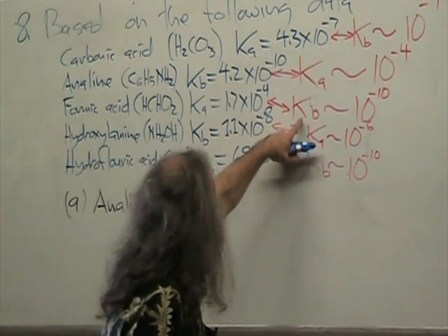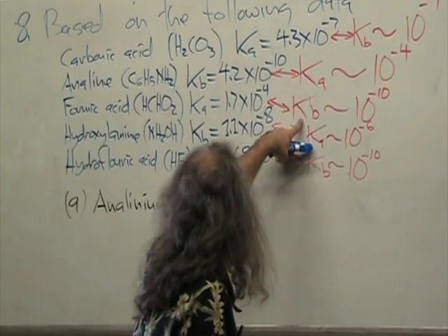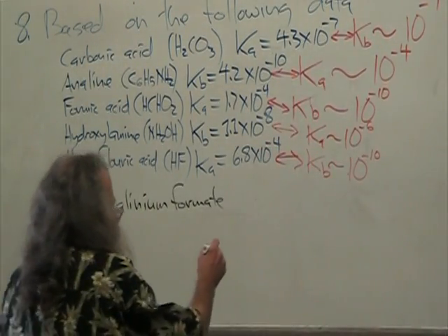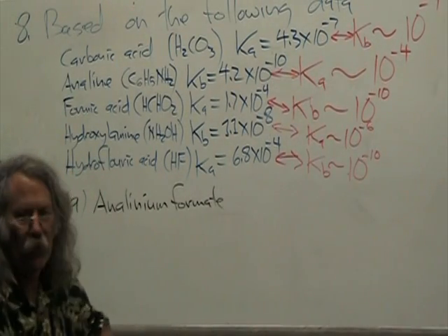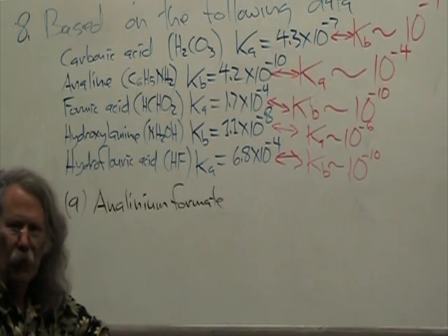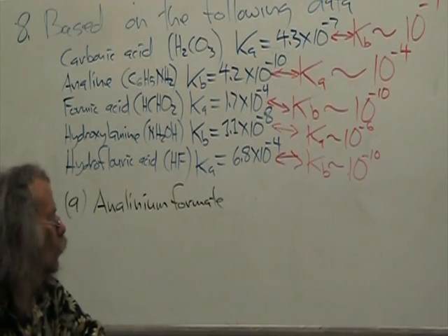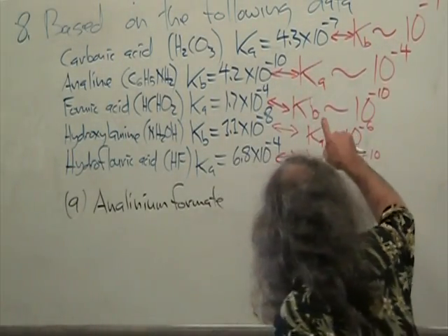so Kb is 10 to the minus 10, Ka is 10 to the minus 4. Well, let's just say 10 to the minus 4 divided by 10 to the minus 10. What? 10 to the 6. Is that bigger than 100? It's about 1,000,000. Wait, so what did you do there? I divided which one's larger.